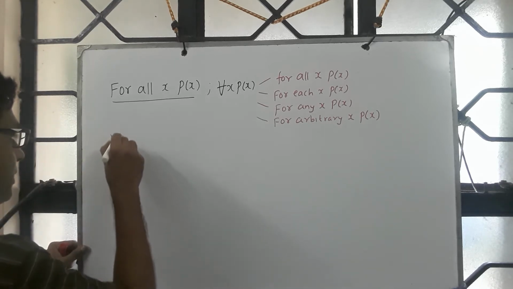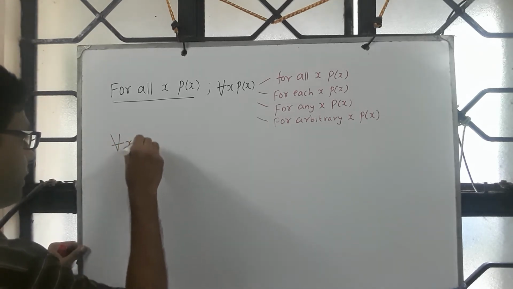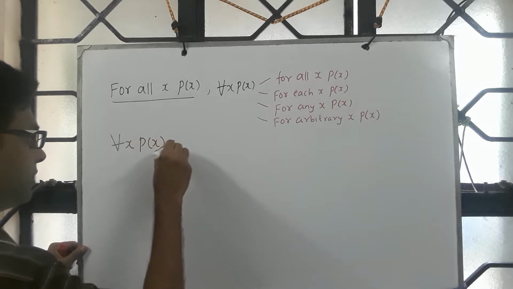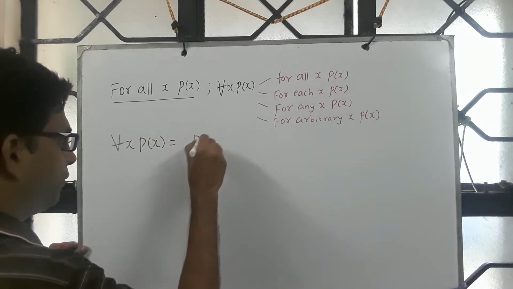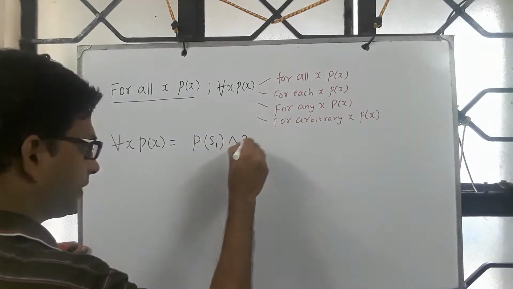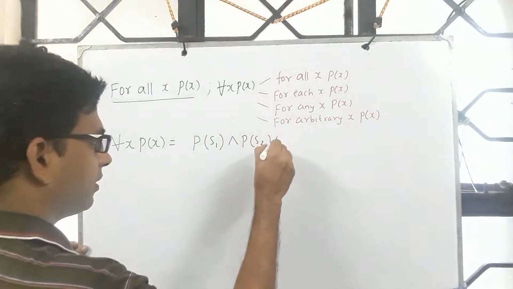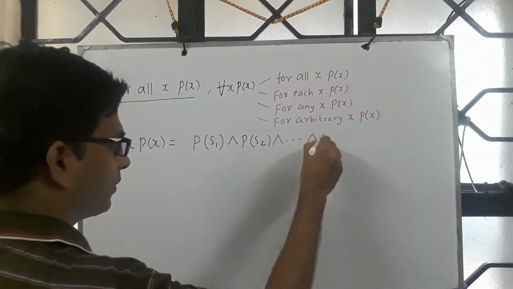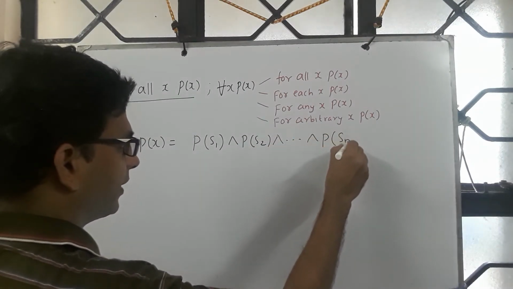So which means for all X P of X, it must be true with respect to the first element, it must be true with respect to the second element, and it must be true with respect to the nth element.